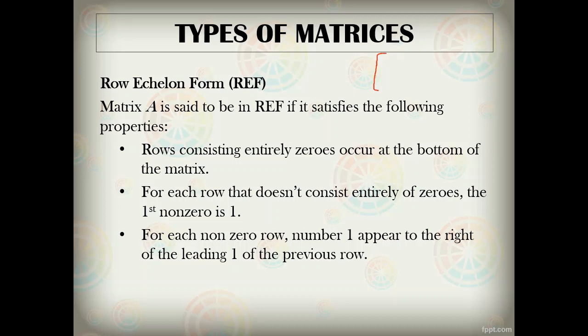So if you have this matrix, this is the diagonal matrix. All the zero entries occur at the bottom here. This is what the first property says: rows consisting entirely of zeros, where it is all zero, must occur at the bottom of the matrix.